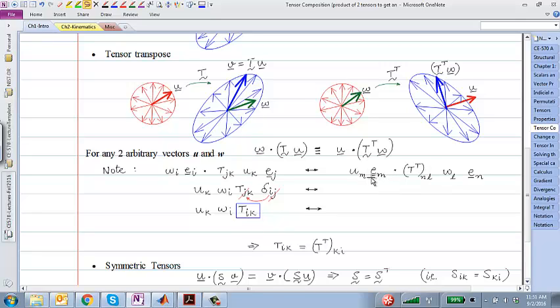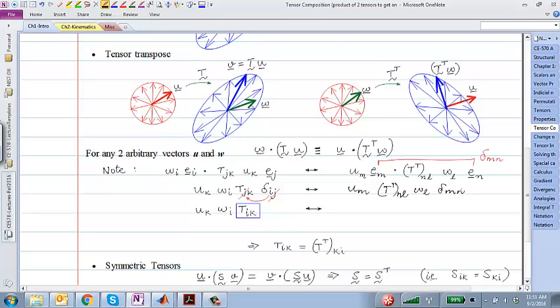Yes, so first I need to have a delta in here, which means that if I take e_m and e_n dotted with each other, that should give me delta_mn. I'll write that out. I get u_m T transpose_nl w_l delta_mn.